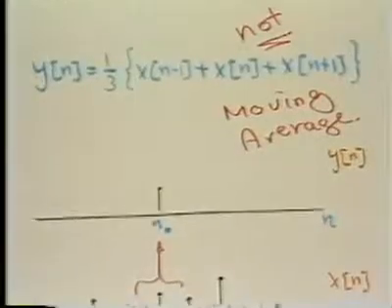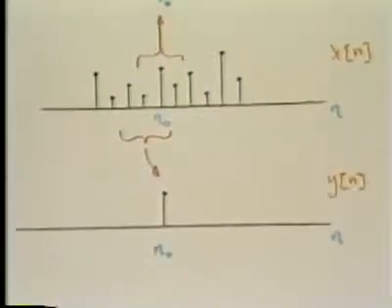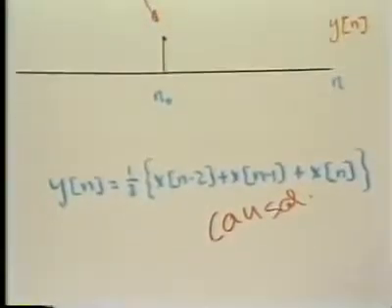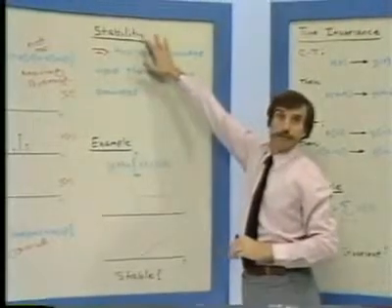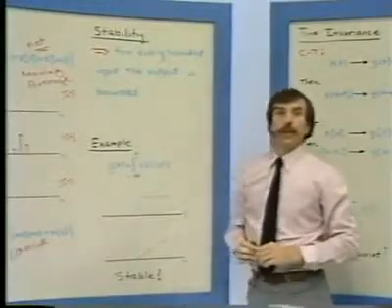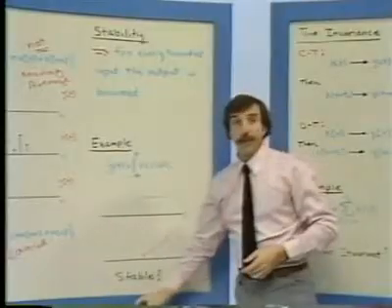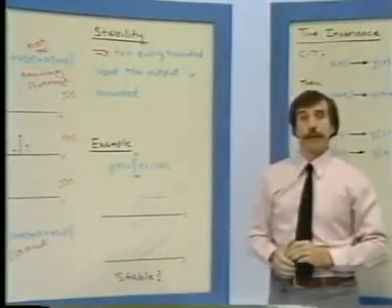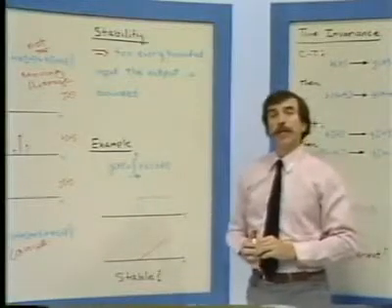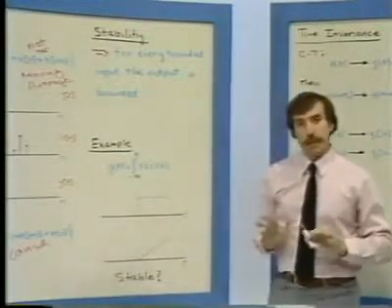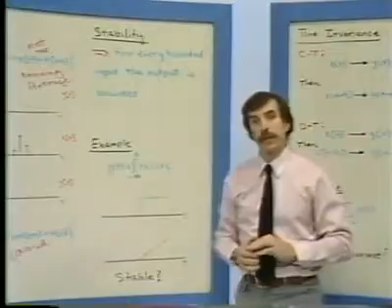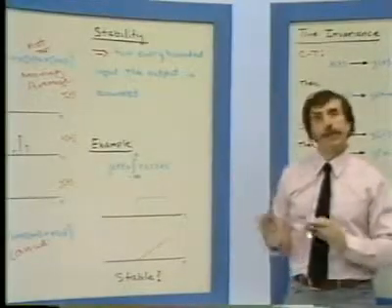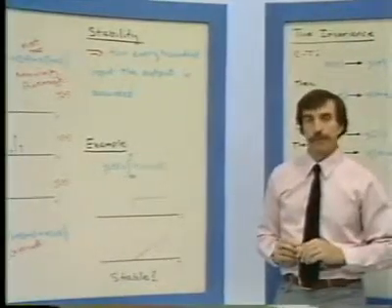All right, now let's turn to another system property, the property referred to as stability. Now, there are lots of definitions of stability, and some of them get very mathematical and formal. What we've chosen and what we'll use as our definition of stability is what's called bounded input, bounded output stability.